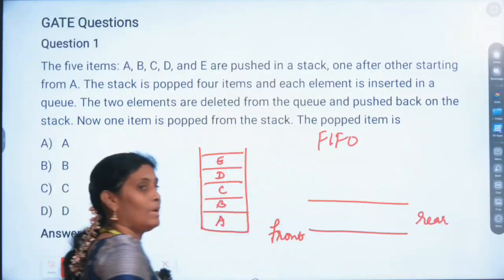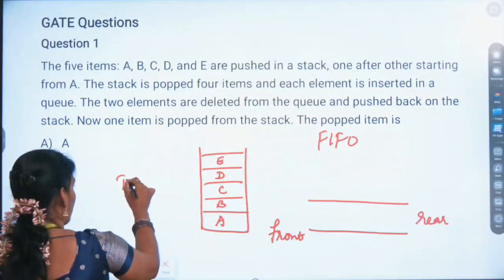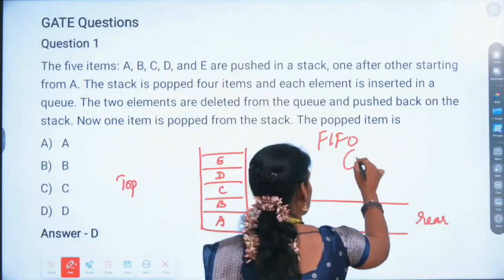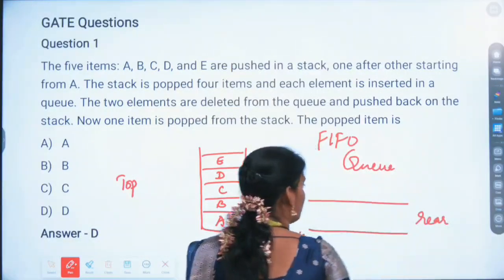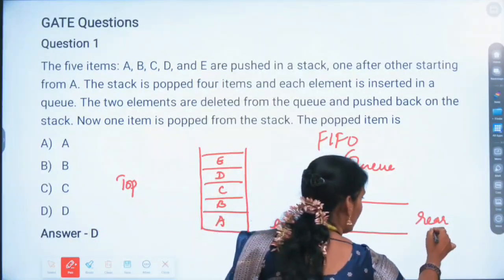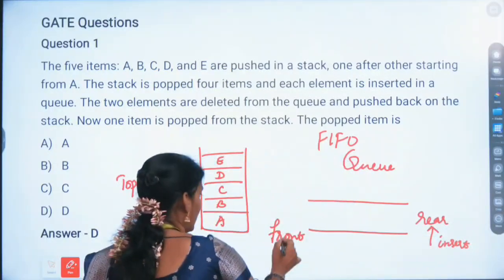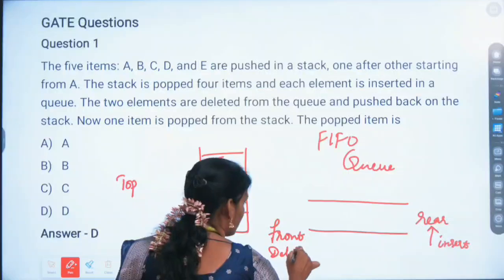In the stack we have only one end, called the top, where insertion and deletion take place. But in a queue we have two ends, where insertion occurs at the rear end and deletion takes place at the front end.